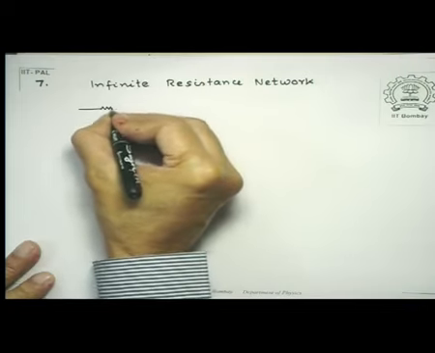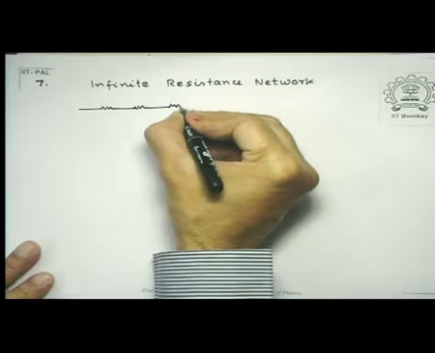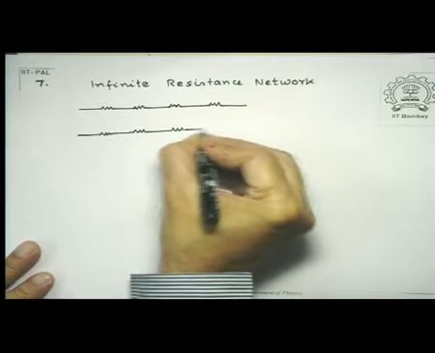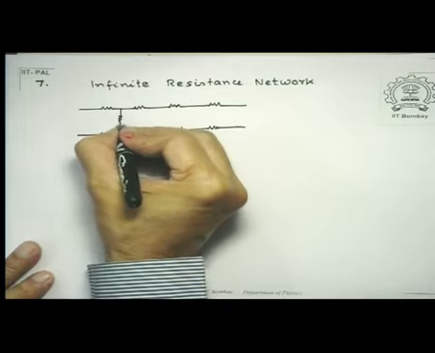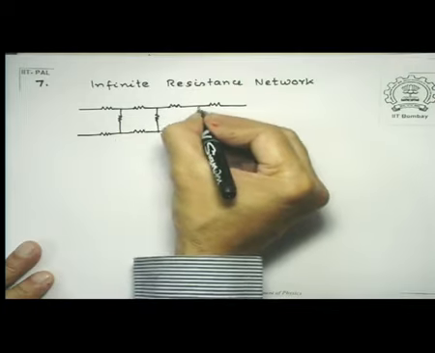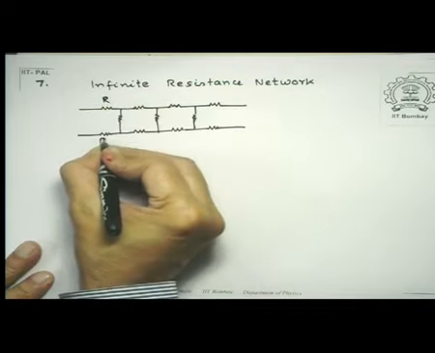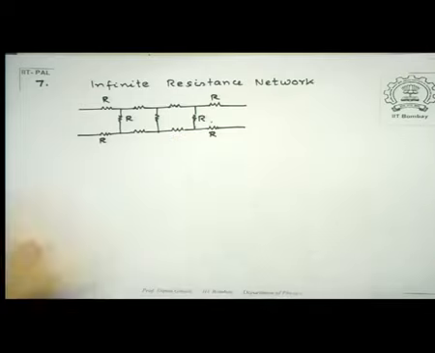You have resistances, all of them have the value R, and they are connected also by resistances R. What is the effective resistance of such a circuit?